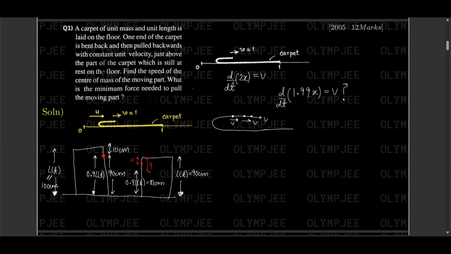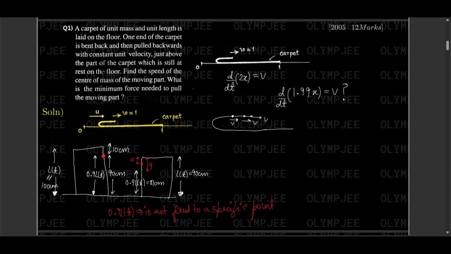There is only 9 centimeter left. So 0.9 L(t) is not fixed to a specific point, because we saw that 0.9 L(t) became a point 9 centimeter away from the top, whereas earlier it was a point 10 centimeter away from the top.